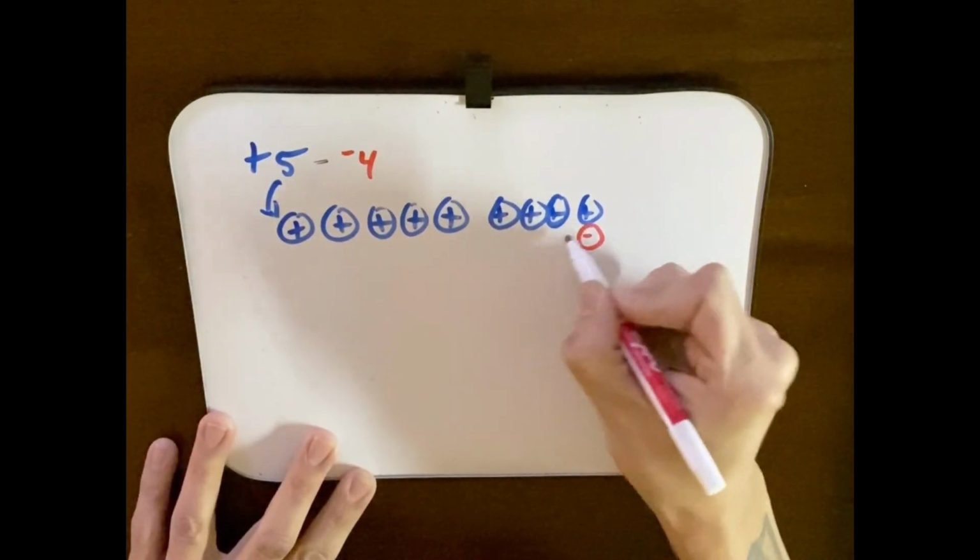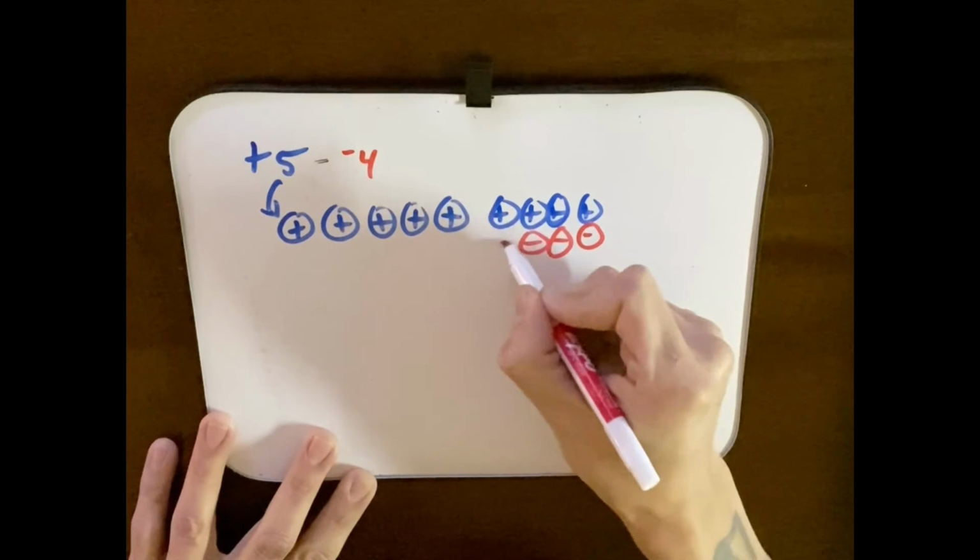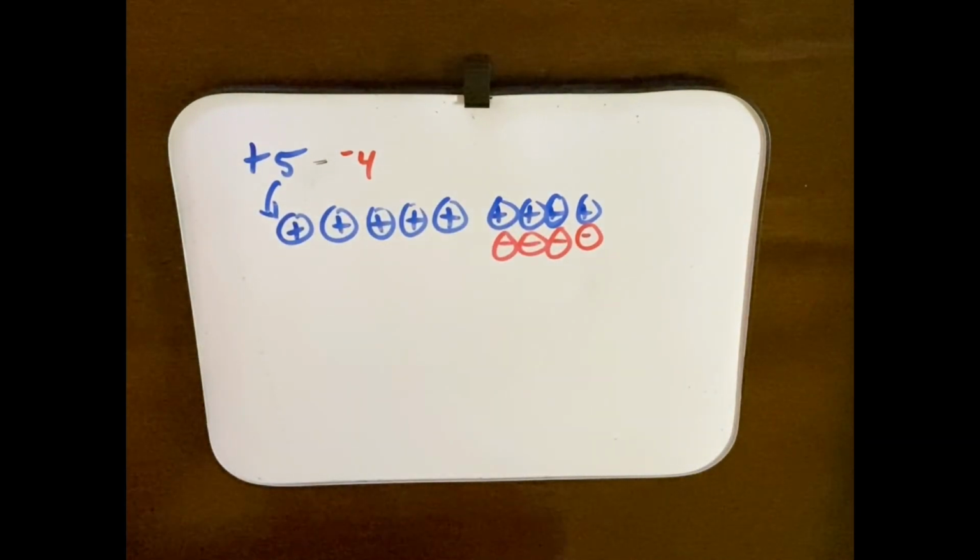And where are they going to come out of? Where are they going to come from? Nowhere. Remember, they're just zeros, okay? They came out of nowhere. So now, I added those 0 pairs in. Do we have 4 negatives to take away? Yes, we do. All right.